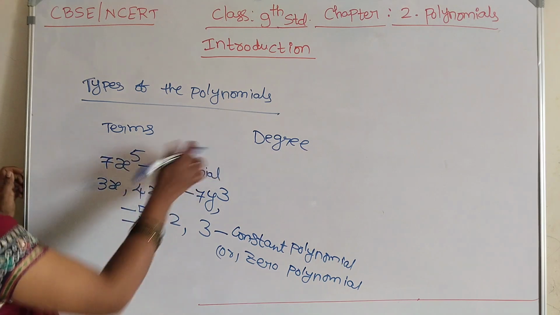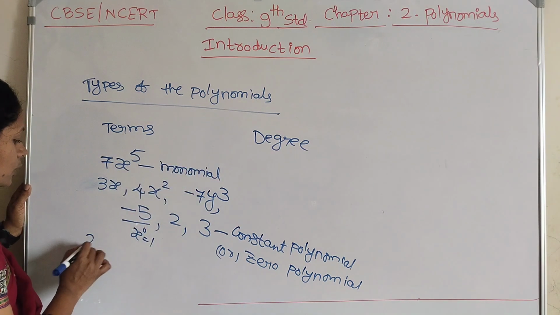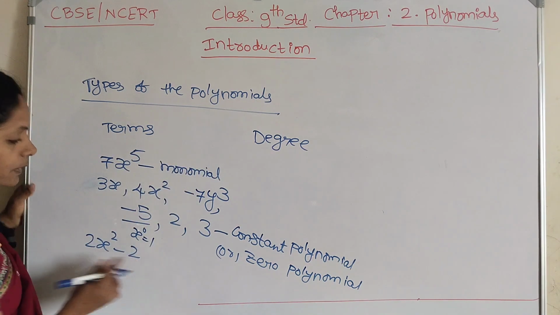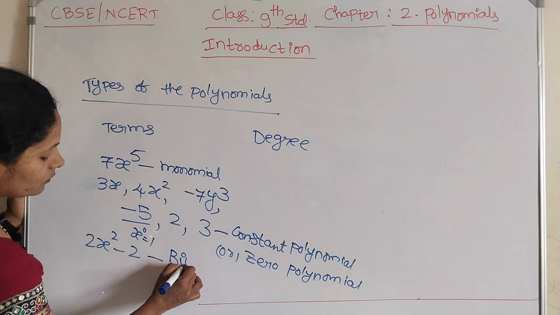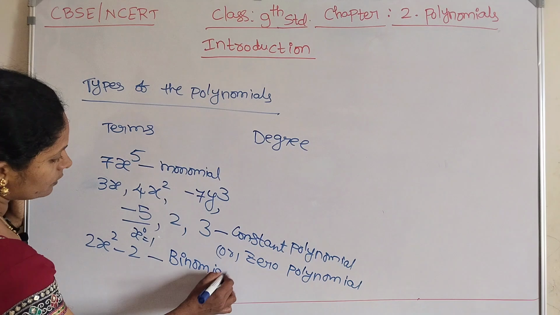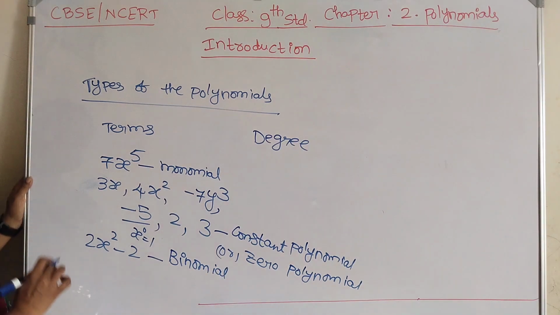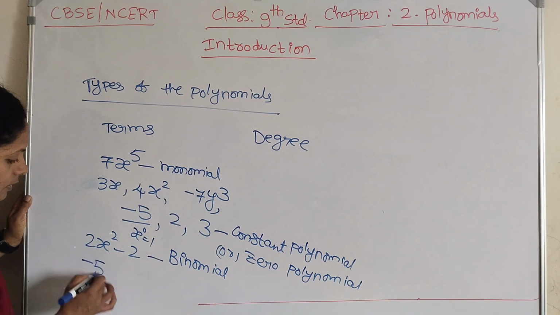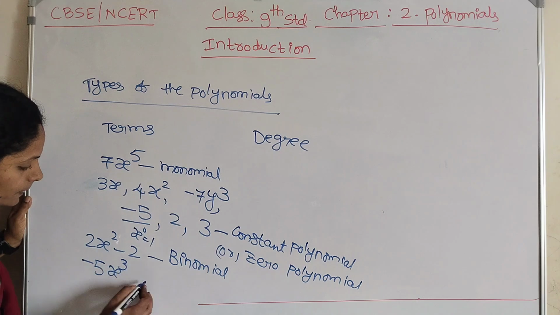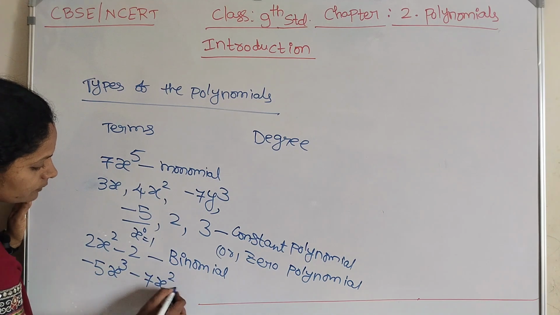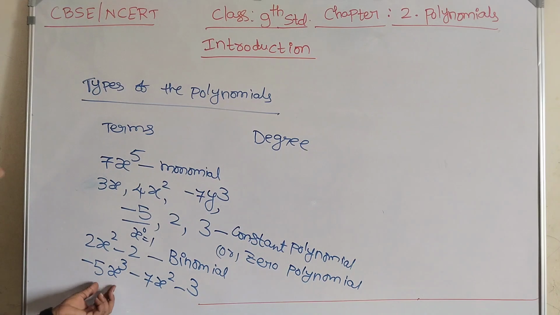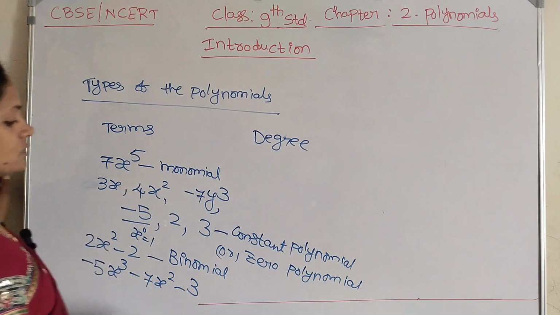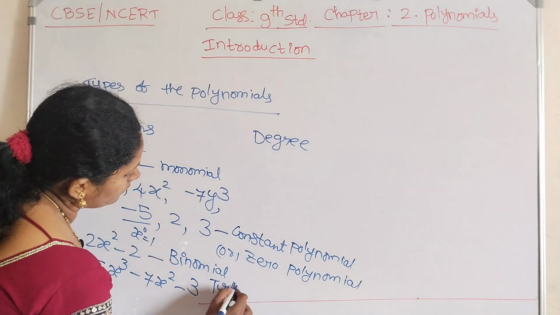Next, if we are using two terms in the polynomial, this is called the binomial. If three terms are used, like minus 5x cube minus 7x square minus 3, in this polynomial we have used three terms. It is called the trinomial.